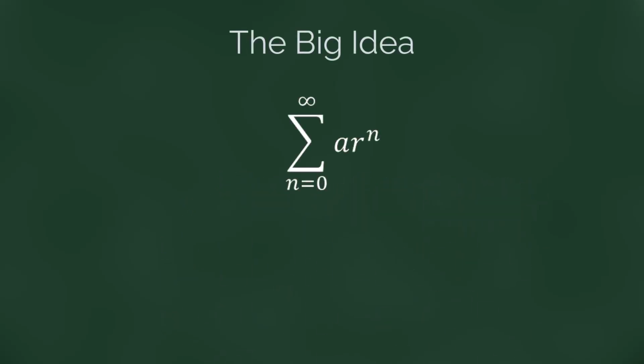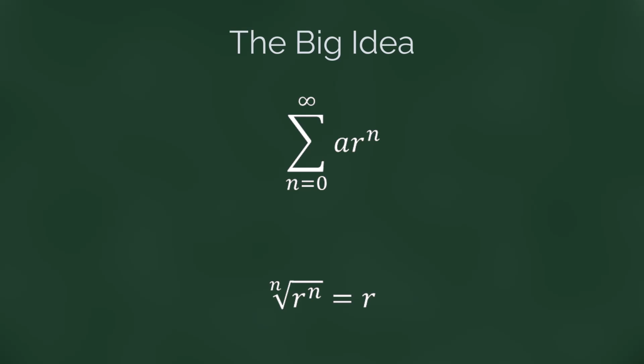If we consider the geometric series, the sum from n equals 0 to infinity of a times r to the n, we know that series is going to converge when r is less than 1, and it's going to diverge when r is greater than 1. Let's also consider the nth root of the nth term of that sequence.